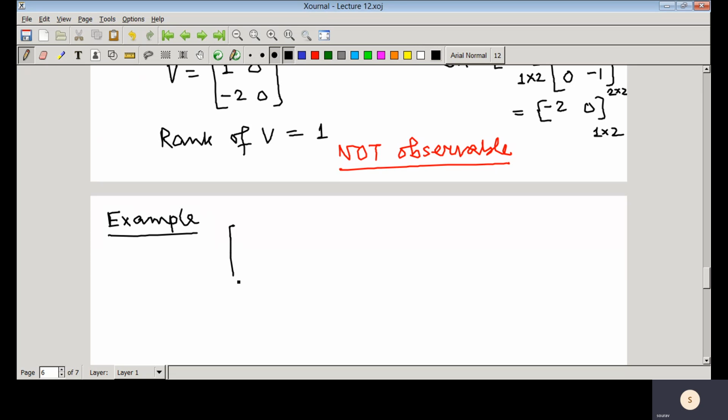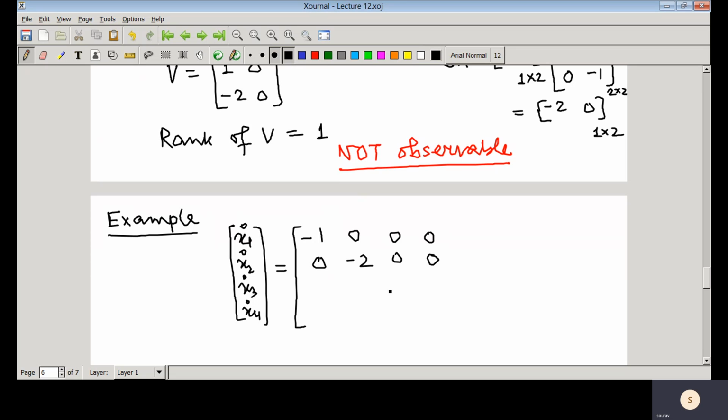Suppose you have 4 states, that is x1 dot, x2 dot, x3 dot, and x4 dot. So this is the state description: A is diagonal with entries -1, -2, -3 and -4, acting on x1, x2, x3, x4.